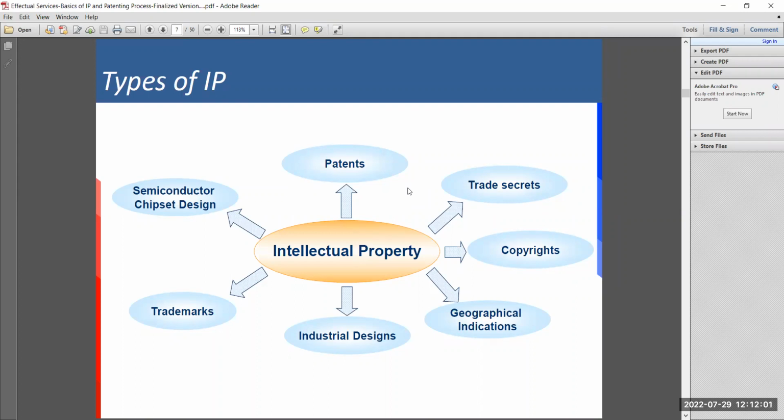Geographical indications are related to the origin of a thing from that area. For example, Darjeeling tea has that origin. So geographical indication has its own advantages. And semiconductor chipset design is related to chips, ICs, integrated circuits.